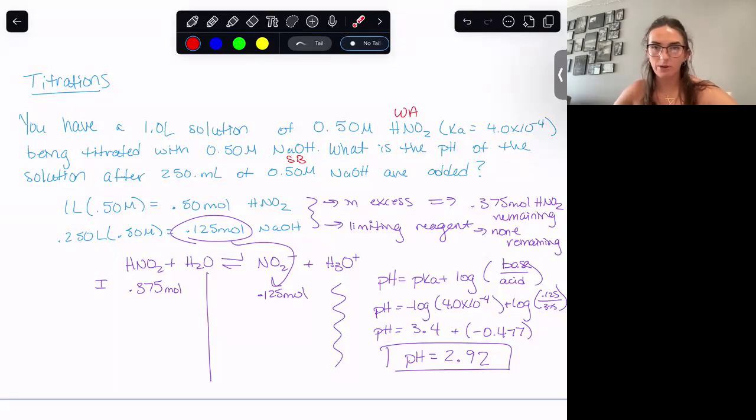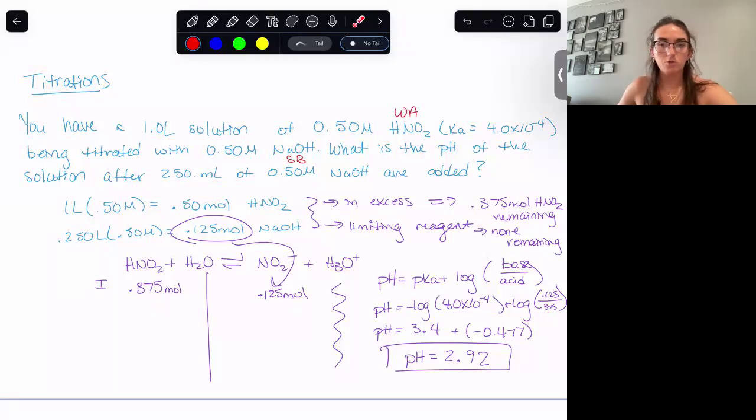Looking at the Henderson-Hasselbalch equation, your pKa is important here because if your pH is equal to your pKa, that's your half equivalence point, and that's when your ratio of base to acid is the same, right? You have a 1-to-1 ratio. There's equal amounts of both. In this case, we have more acid than we do base, right? We have more acid, HNO2, than we do base, NO2 minus.